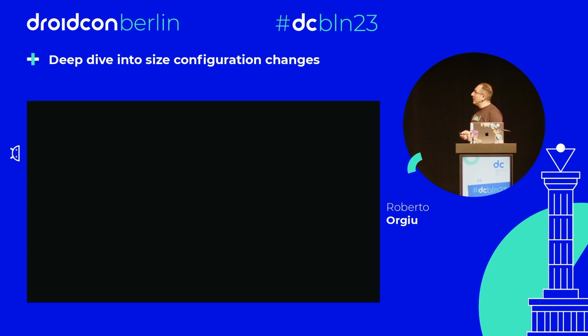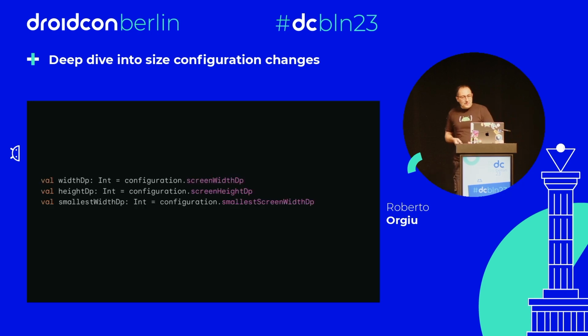So screen width DP, screen height DP, smallest screen DP are all integer values, right? We all saw that they are integer. However, different displays might have different densities. And the apparent density of the display is also something that the users can customize.